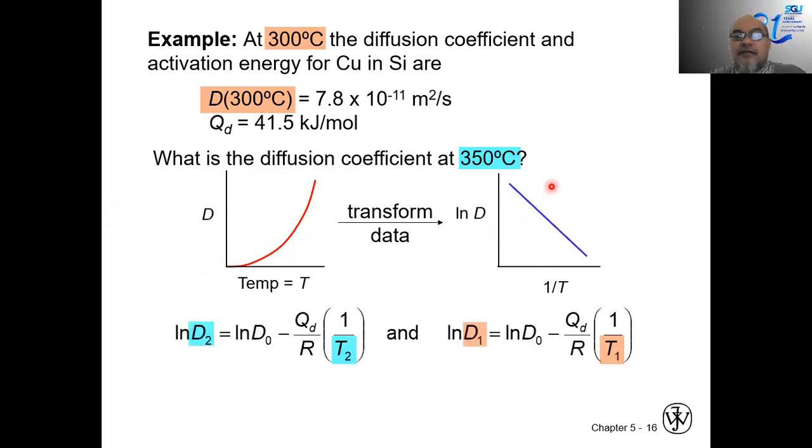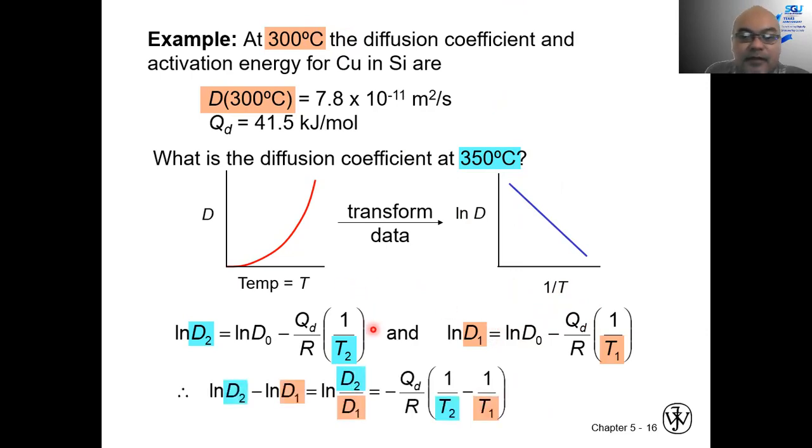So the natural logarithm of D2, the D at 350 degrees, equals ln D0 minus QD over RT2. And similarly, ln D1 at 300 degrees Celsius equals ln D0 minus QD over R times 1 over T1.